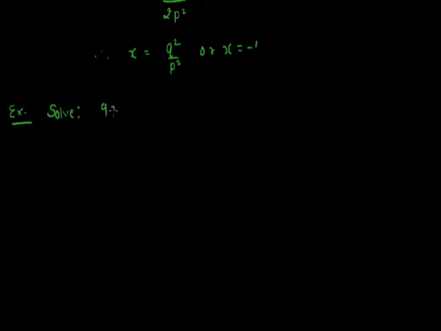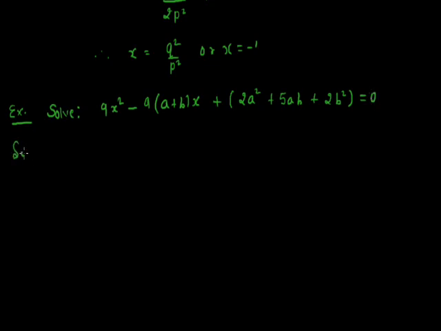So 9x square minus 9 multiplied by a plus b multiplied by x plus twice a square plus 5ab plus twice b square equal to 0.